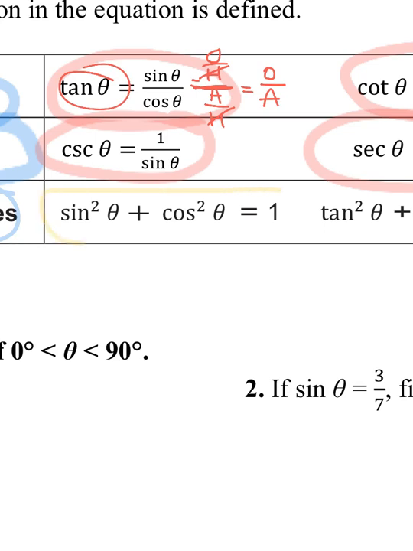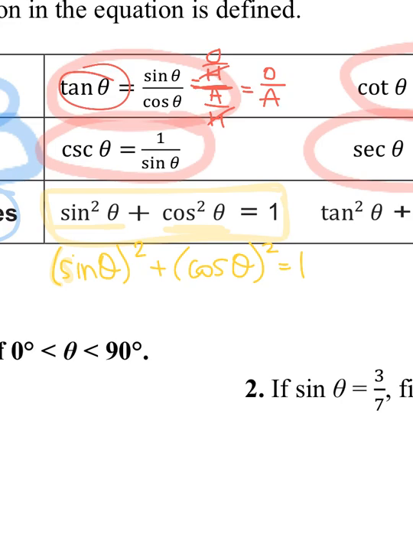Notice that it's the sine function that's being squared, not the theta, and that's why we put the square inside, and same thing with cosine. So that just means sine of theta squared plus cosine of theta squared is equal to 1. All right, so that's what that notation means.